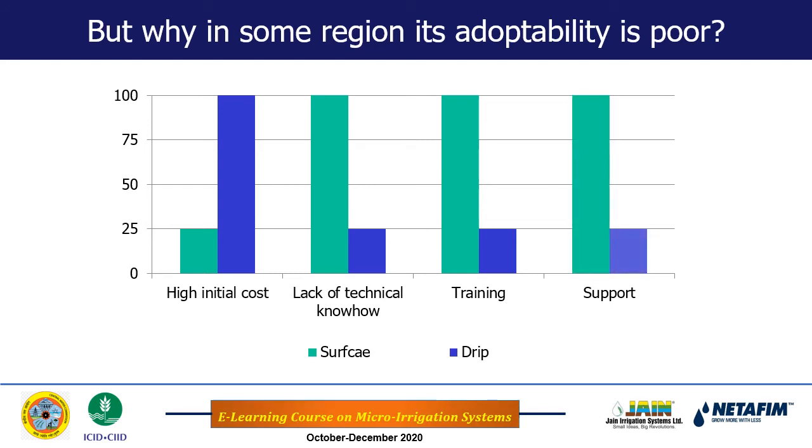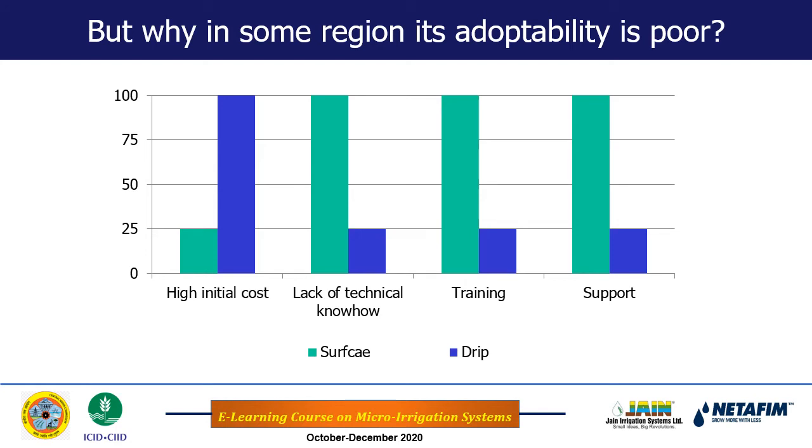Support: in surface irrigation, there is 100% support available within themselves, but in case of drip the support is still less, and therefore there is a need for enhancement of support at all levels. And these are the reasons why its adaptability is still poor in some regions.